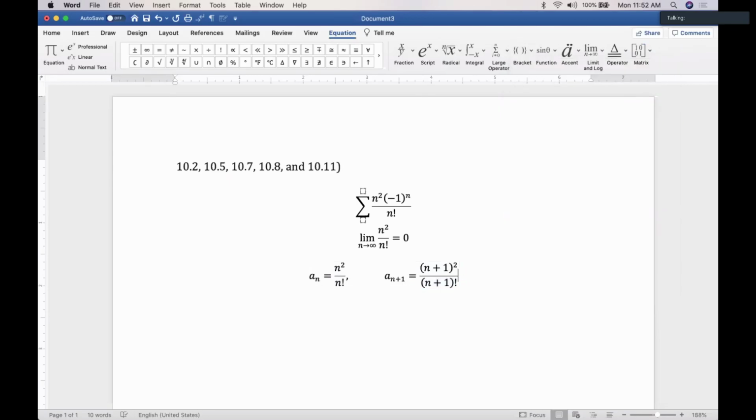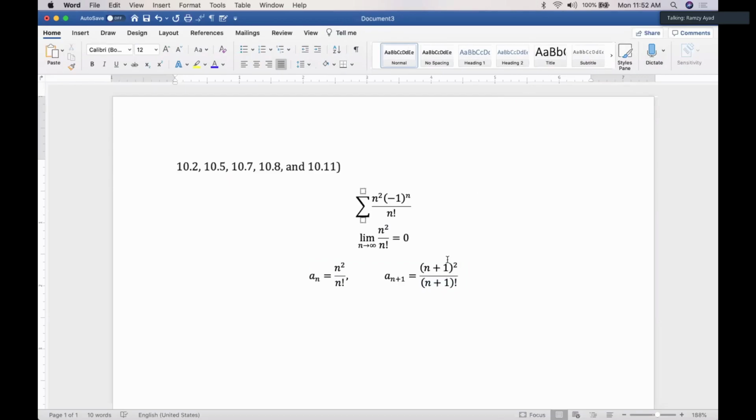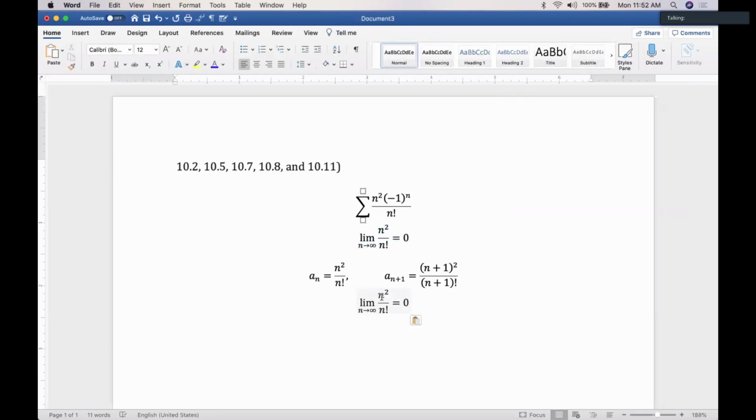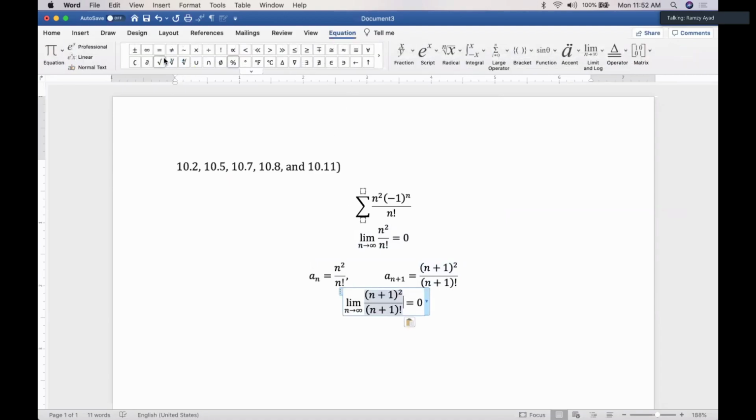Right? Now what do we say? We want to find the limit as n goes to infinity of a sub n plus 1, the positive part only, we never include the negative, divided by a sub n.